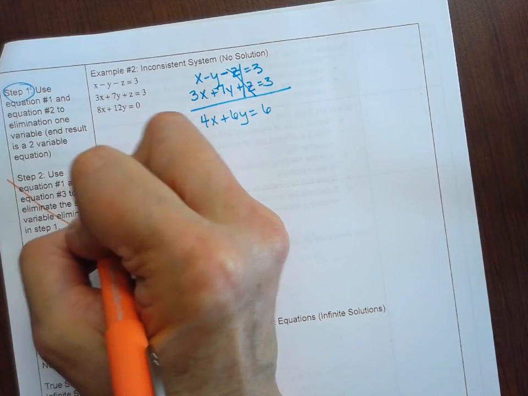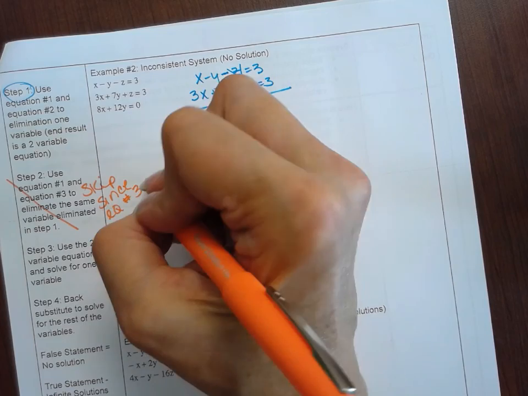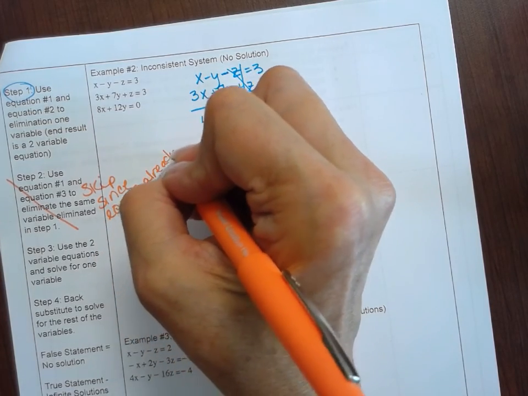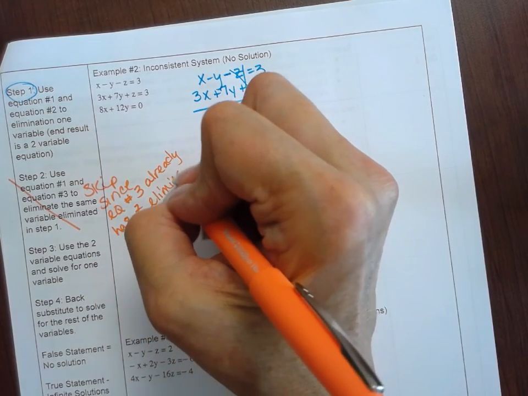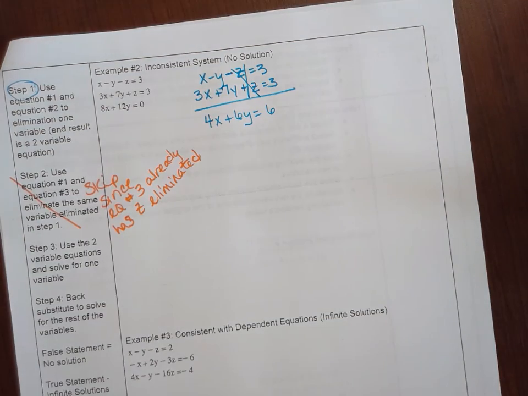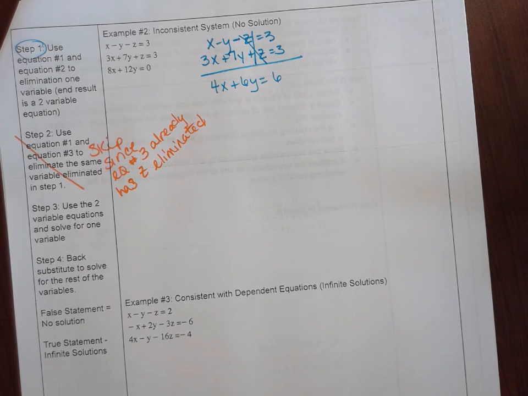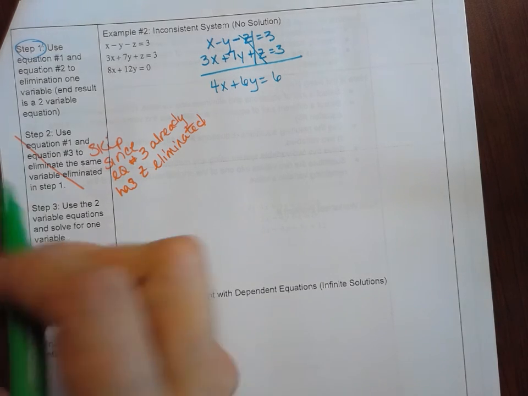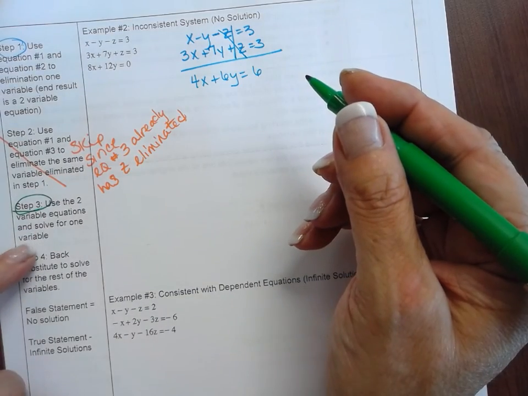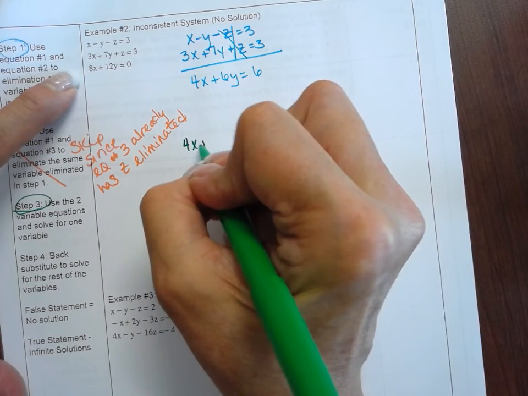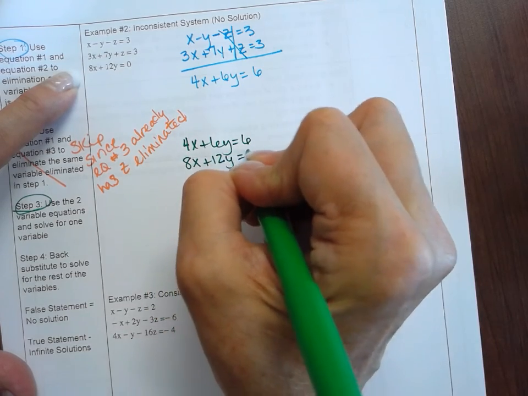I can skip, since equation number 3 already has z eliminated. Which means I can jump right to step 3 and use my 2. So I have 4x plus 6y equals 6, and 8x plus 12y equals 0.